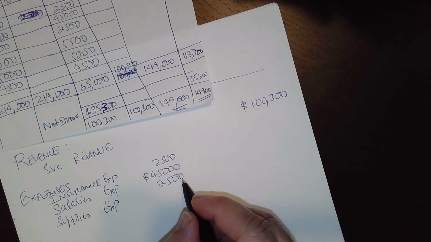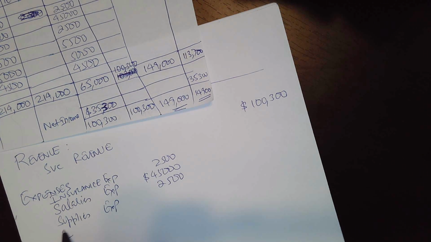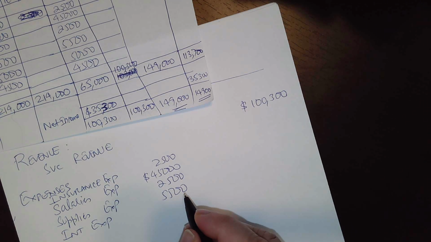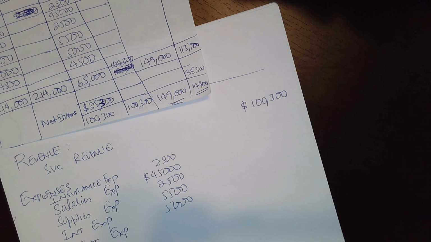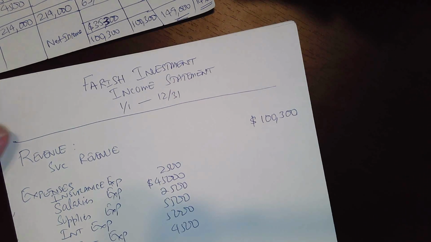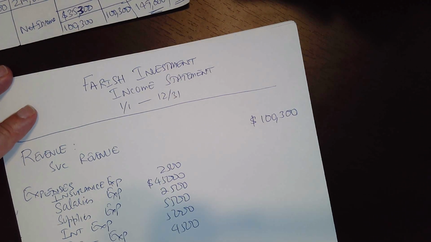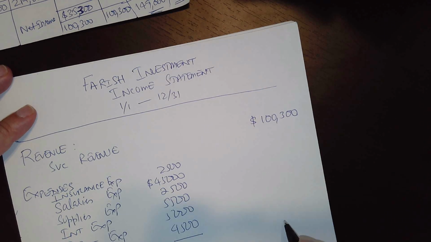Then we have interest expense of 5,500, and then we have rent expense of 5,000, and then we have depreciation expense of 4,500. So we're going to put a total expenses.